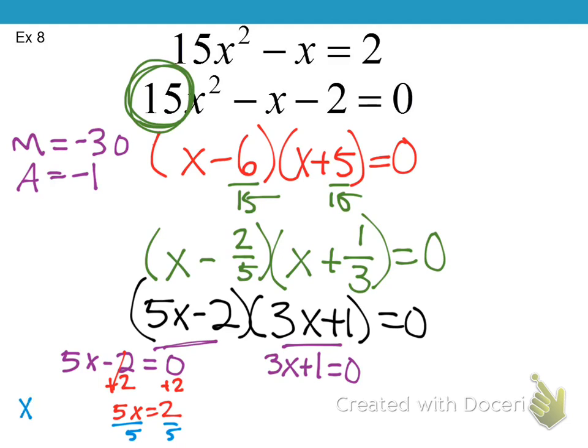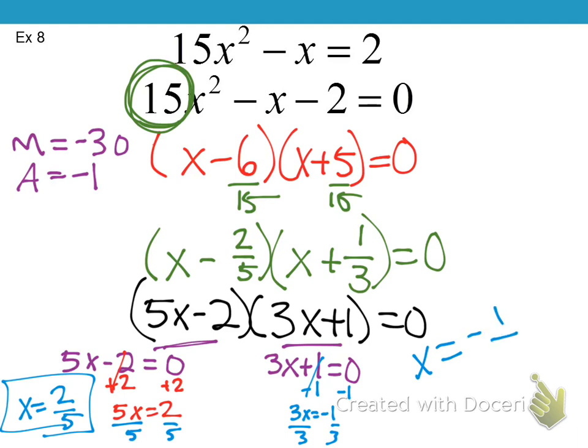Yep, so we get x equals 2/5 up front. What about our back equation? Negative 1/3. Good. All right, if you want to write them separately, it'll look like that. If you want to write them together, it will look like this.